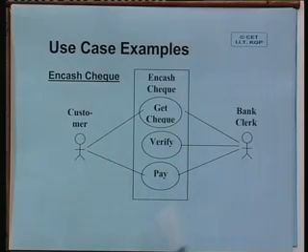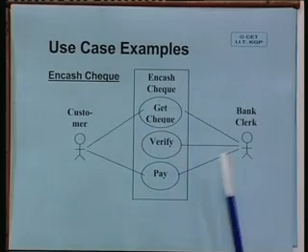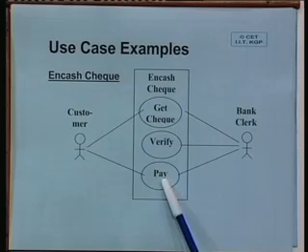So this is the use case diagram for the thing, that is customer and the bank clerk. You see, the verification process has nothing to do with the customer, the verification is done by the bank clerk. So, you have the get check, verify and pay. These are the three basic use cases.